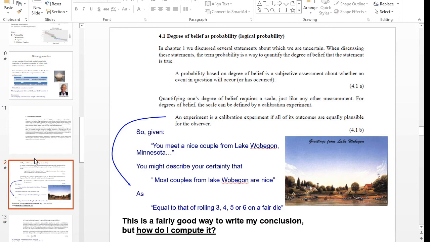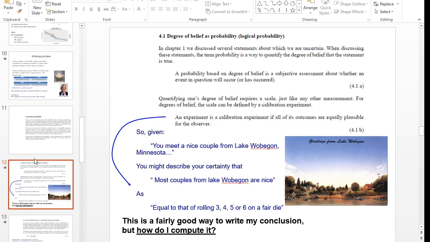Now, 4.1b, an important fact about this is that in order to quantify whether some statement is true or whether an event will occur, we need a scale, just like we would for any other measurement. It will turn out that in probability theory, the scale is something that we can define by means of a calibration experiment, which might be an imaginary experiment. A calibration experiment is one where all of the outcomes are equally plausible for the observer.